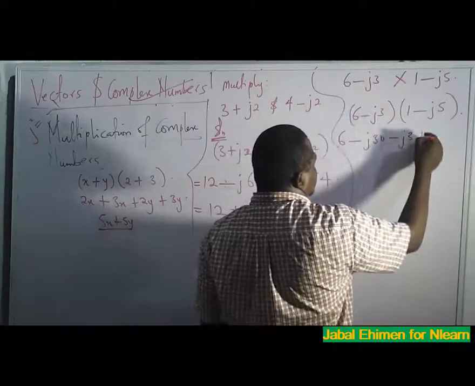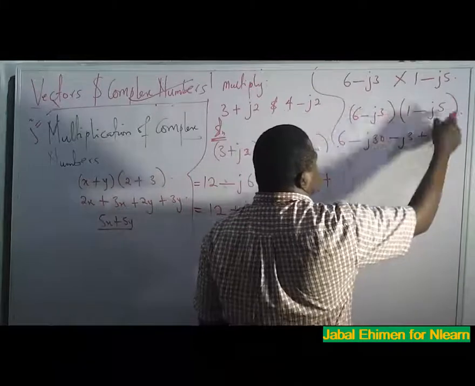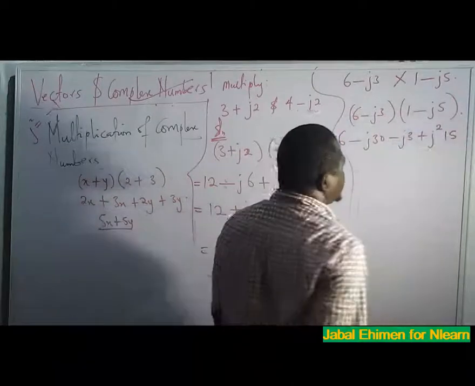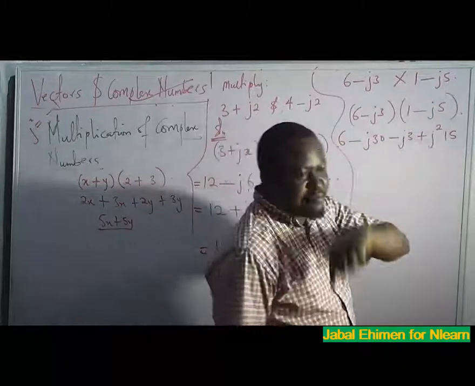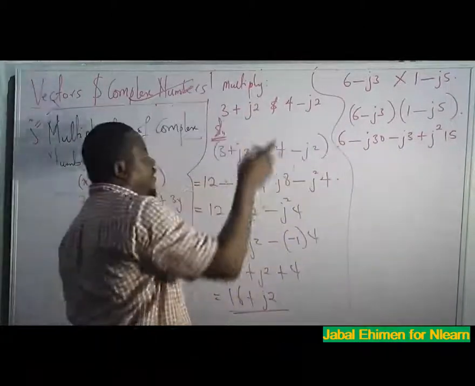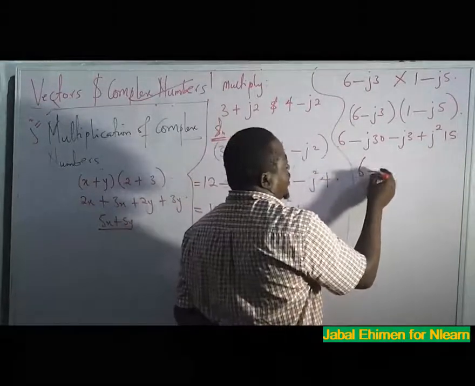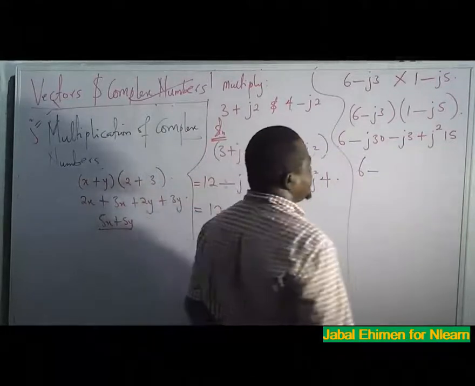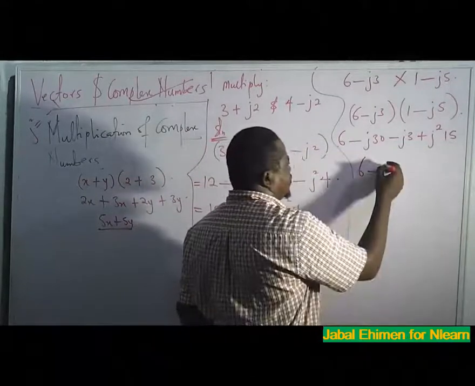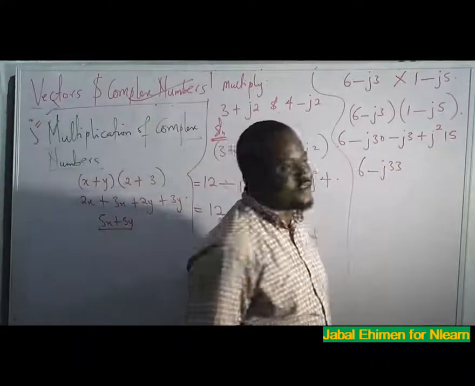Minus J3 times minus J5 will be plus J squared, 3 times 5, that's 15. Don't forget, J squared is minus 1 from our power analysis. So from here you have 6 minus J30 minus J3, that's minus J33, because minus 30 minus 3 is minus 33.